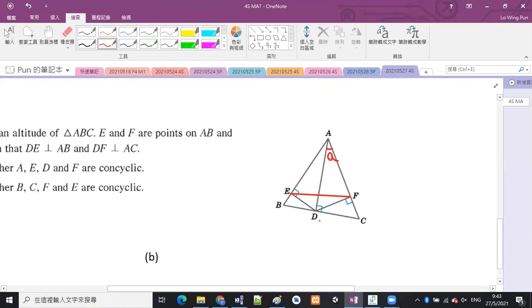It's okay. Just let small letter A be this angle DAF.